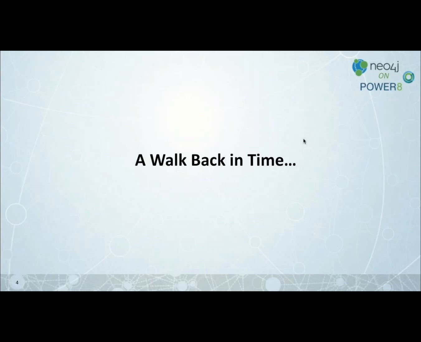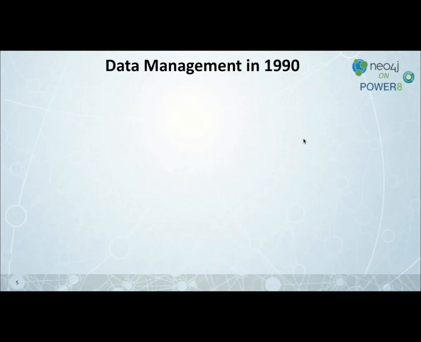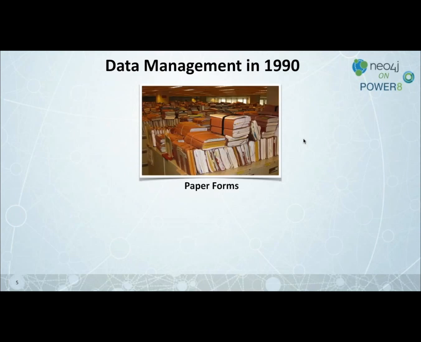If we go back to the era where relational databases really came into the fore, and you look at data management back in 1990, which is when I started doing work with data and databases, the big business problem at the time was you had all these paper forms, all these manual processes, and you needed to get them digitized in some way into a computer system.